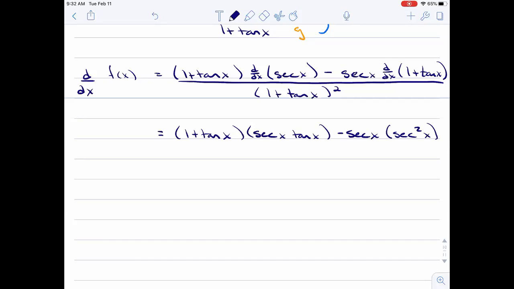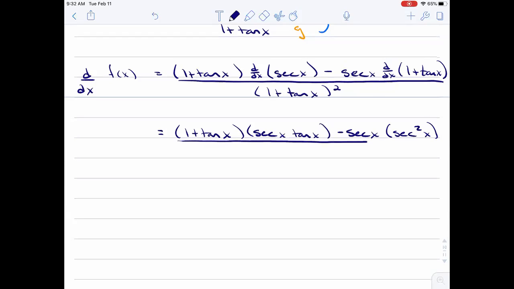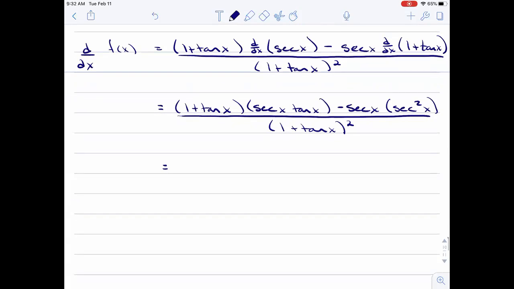What I'm going to do is expand it out, well, it's all over 1 plus tan x squared. I'm going to expand the 1 plus tan x times secant x tan x.